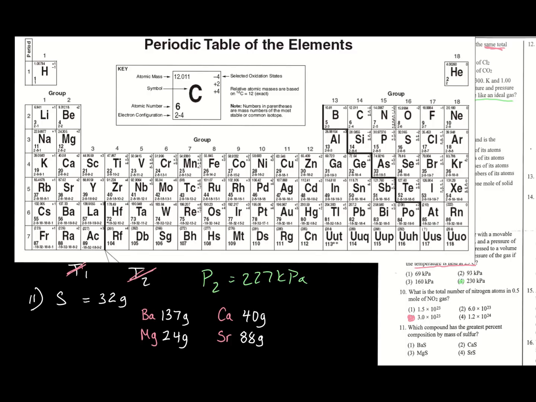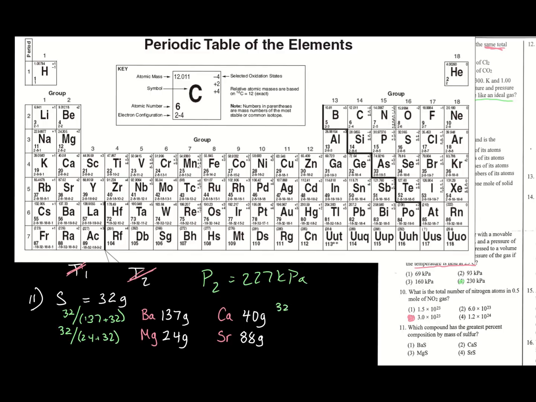So, in this case, if you solve it actually, for barium you get 32 divided by 137 plus 32. For magnesium you'll have 32 divided by 24 plus 32.